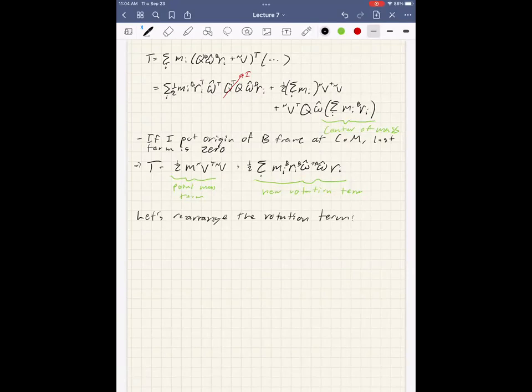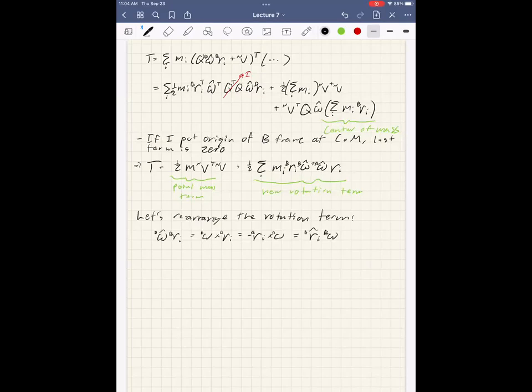We're going to pull some stuff out. So I'm going to use this fact. I've got omega hat times r_i, which equals omega cross r_i in the body frame, which is also equal to, as we all know, minus r_i cross omega. I can flip the cross product and pick up a minus sign. So this is also equal to the cross-product matrix of r_i times omega.